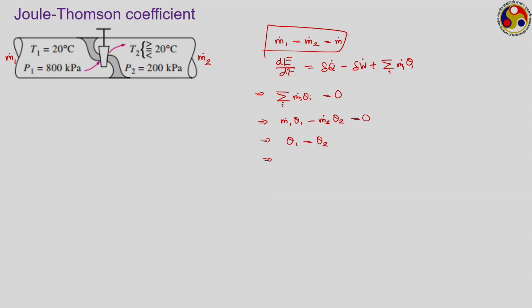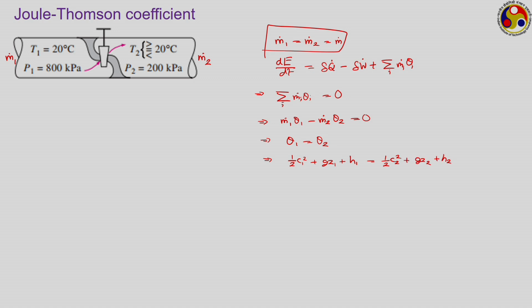Now, if we expand this theta 1 and theta 2 in terms of their components, then what will it be? Theta 1 will be equal to the summation of the corresponding kinetic energy plus corresponding potential energy plus enthalpy. Similarly, theta 2 will be half C2 square plus g z2 plus the corresponding enthalpy.